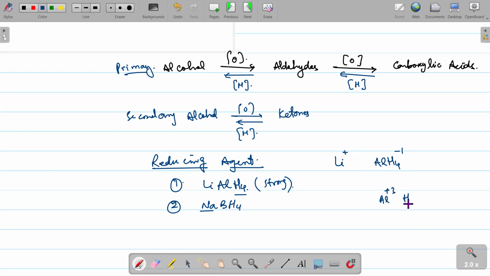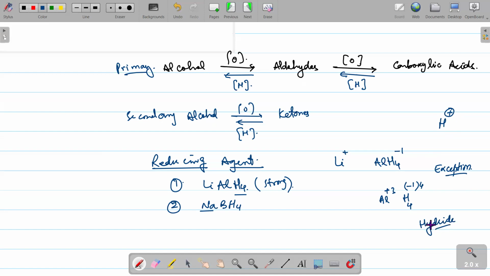So hydrogen is actually behaving as a hydride ion. Here it has minus 1 multiplied by 4. Remember, it's an exception for hydrogen. Normally, we say that hydrogen in combined state shows plus 1 oxidation state. So that's why for hydrogen we are using the word hydride.